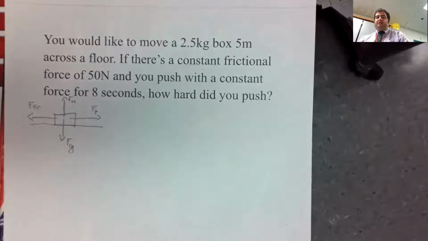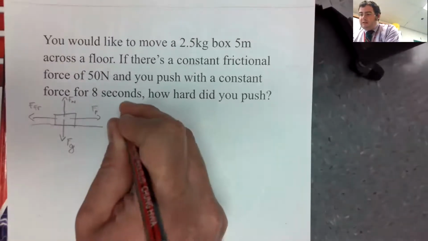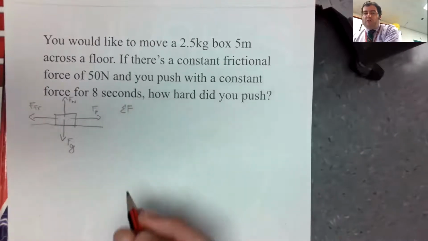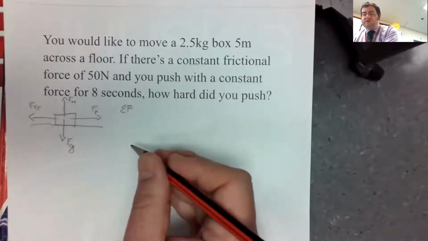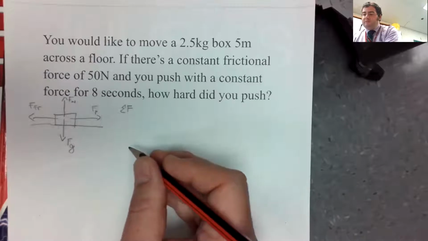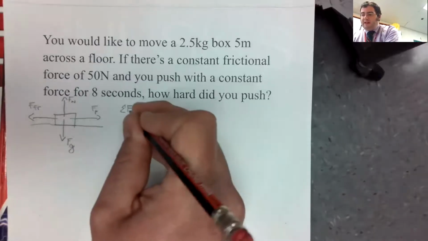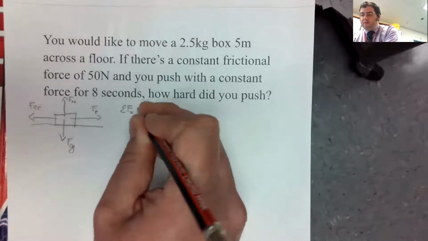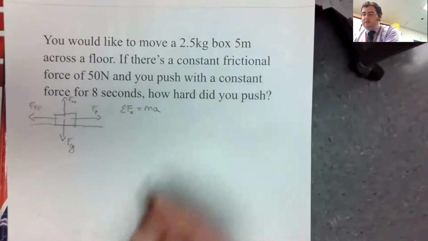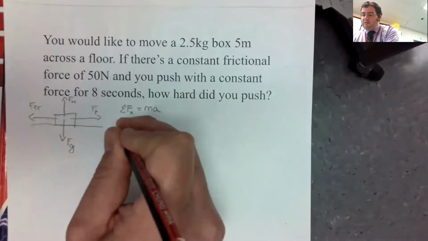So we've got all our forces considered. Now we want to make our net force equation, our sigma F equation. It's important to remember that we can only solve questions like this in one dimension. Either your X or Y axis is going to have its forces cancel entirely and be in equilibrium. The X axis in this case is the one that doesn't cancel.